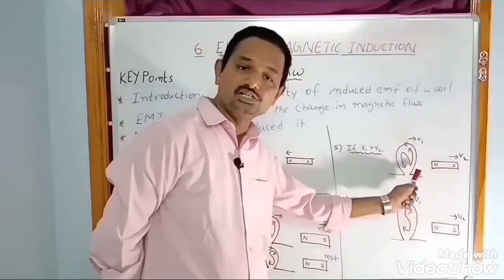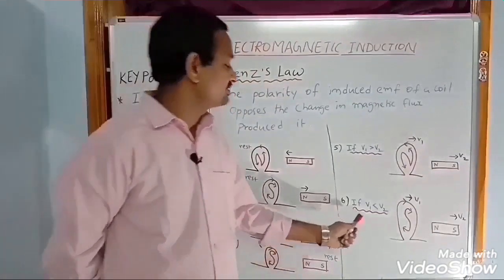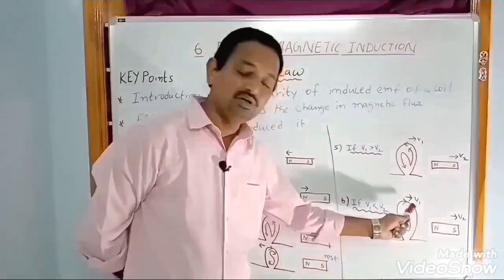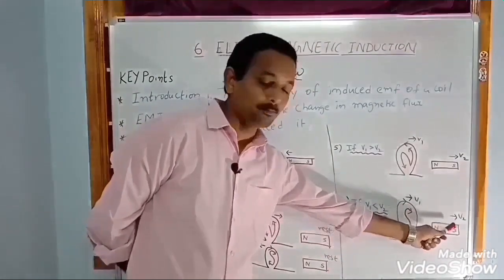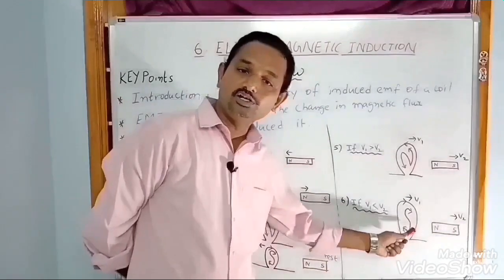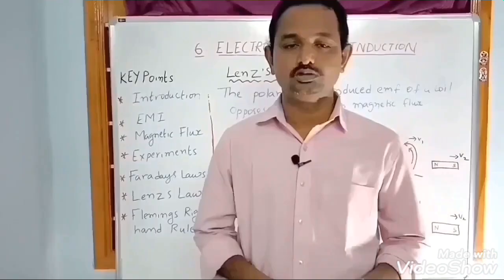That opposes the change in magnetic flux that produced it. In the sixth case, if velocity of coil is less than the velocity of magnet, then the polarity of induced EMF of the coil acquires south pole.